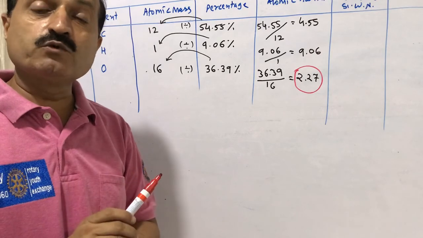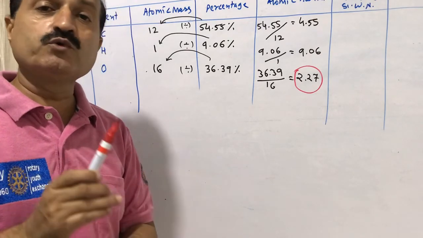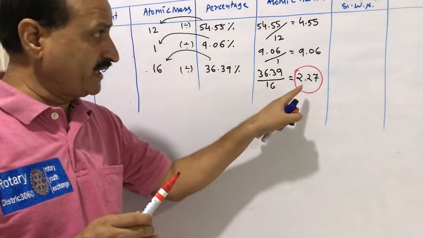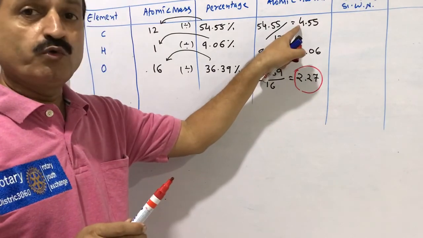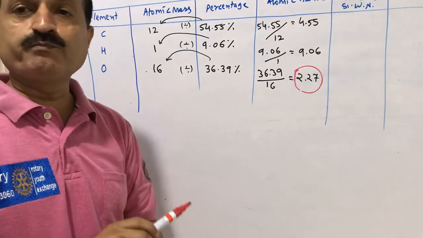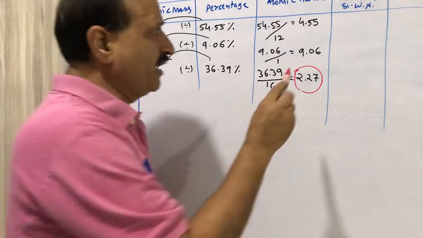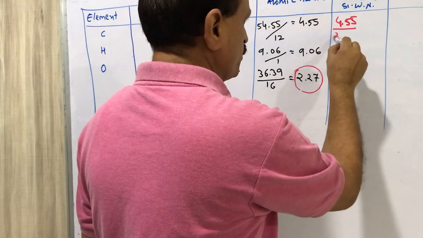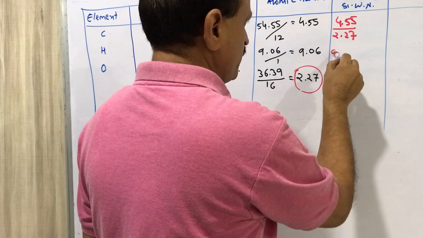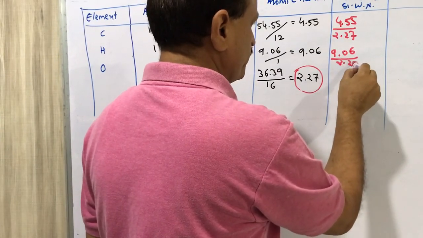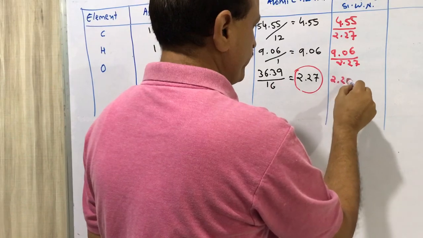The smallest value is 2.27. So you choose 2.27, and 2.27 will be divided into all three values. That is the ratio of simple whole number. So now 4.55 upon 2.27, 9.06 upon 2.27, and 2.27 upon 2.27.